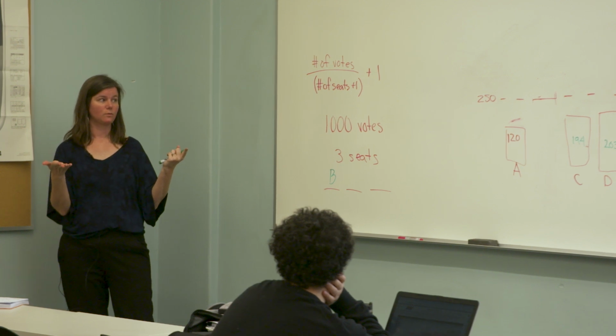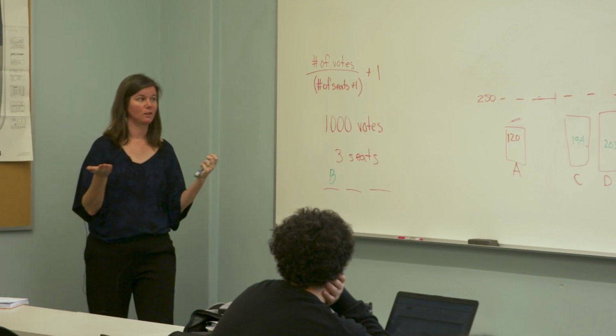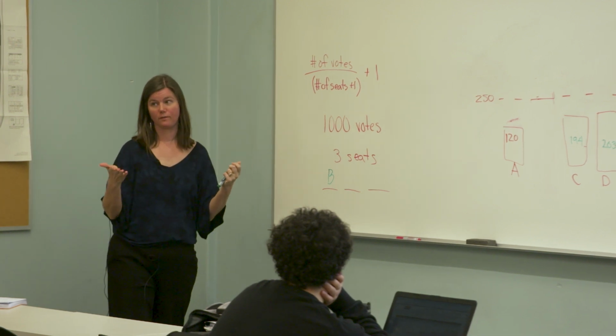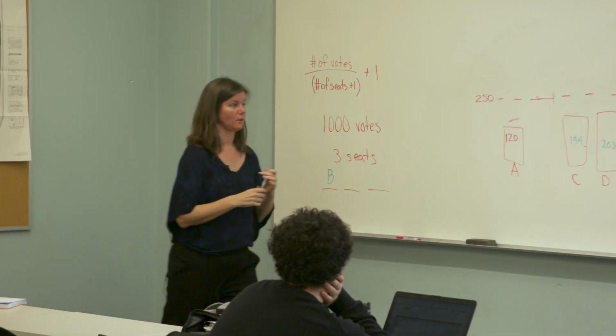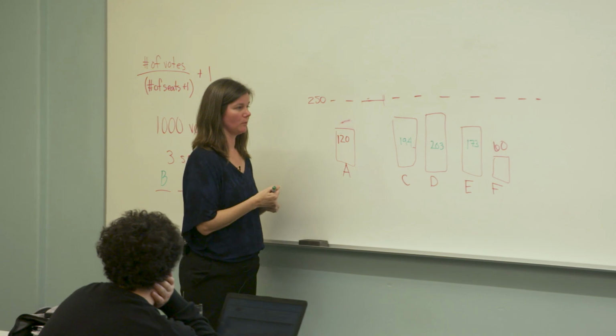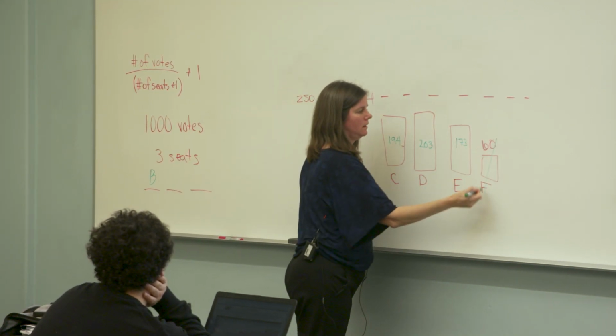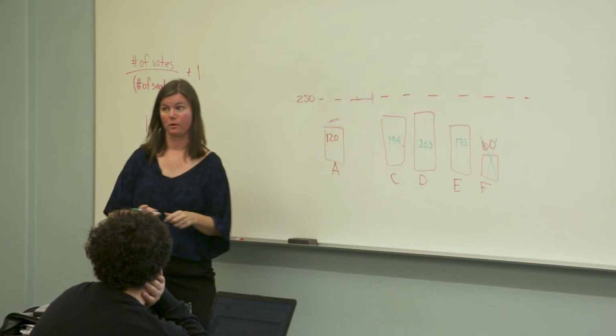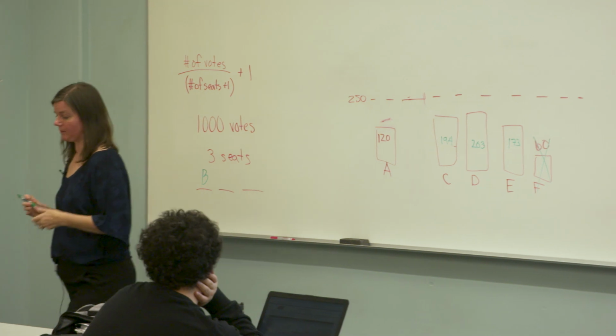So any thoughts about what we eliminate next? We're going to go with the candidate with the least amount of votes, just like with ranked choice voting. So F is going to be knocked out. That's a lot of votes to redistribute. So we're going to do the same thing.